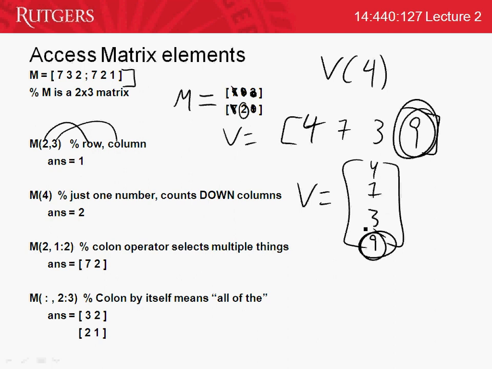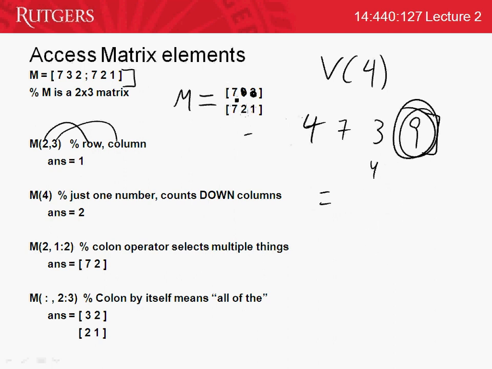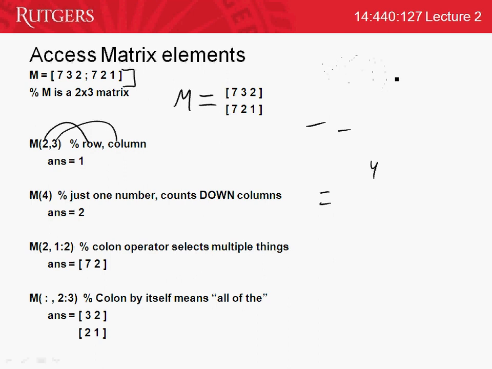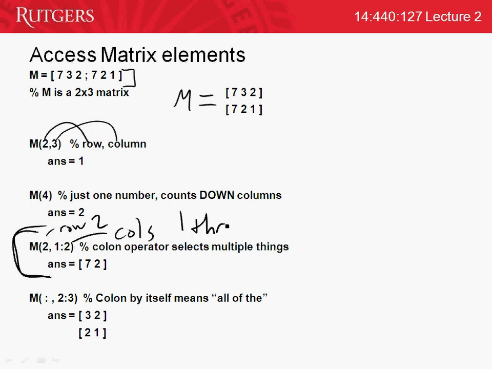Okay. Another interesting thing MATLAB does is you can use the colon operator to select multiple things. So in the example below, what we're saying is we want the element in the matrix M in row 2 and in columns 1 through 2.